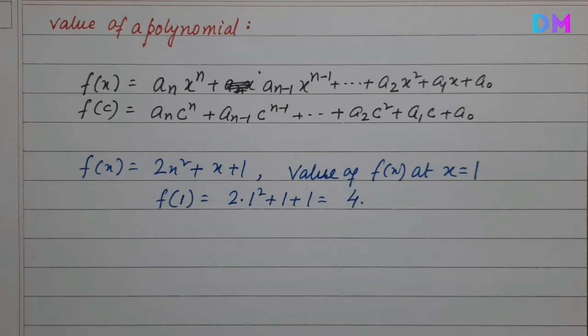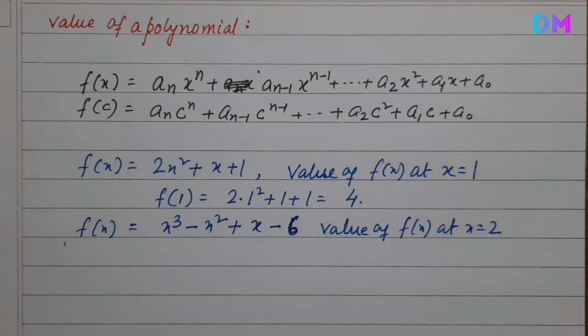So for example, f(x) equals 2x square plus x plus 1. Here the value of f(x) at x equals 1 is denoted by f(1); we just put x equals 1 in the expression. So it becomes 2 into 1 square plus 1 plus 1, which equals 4.